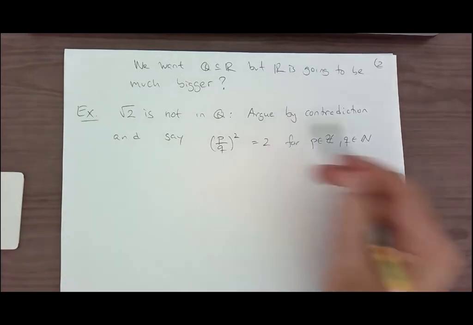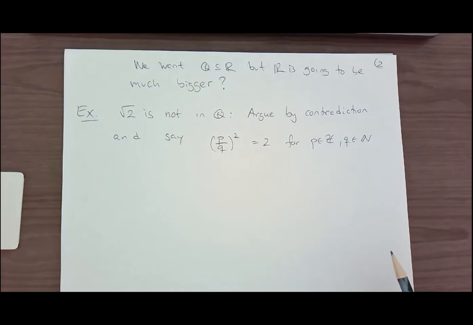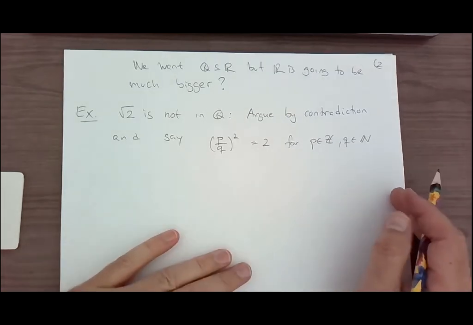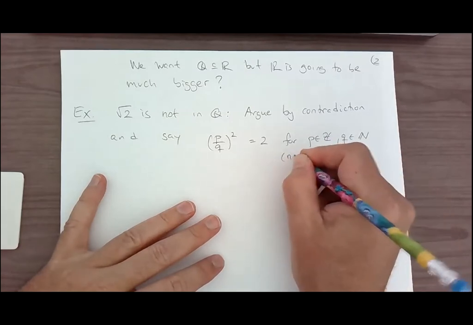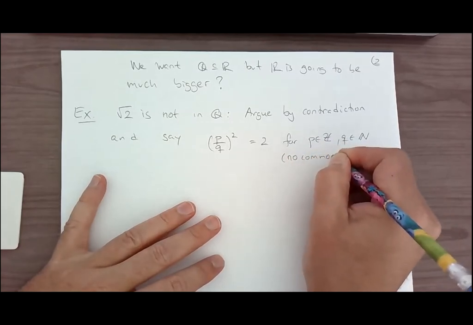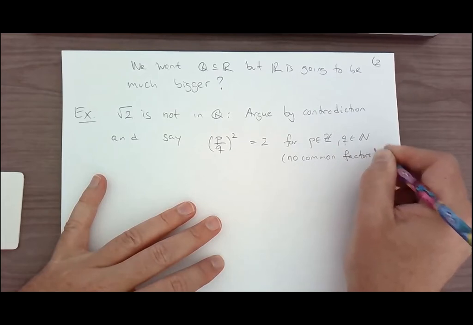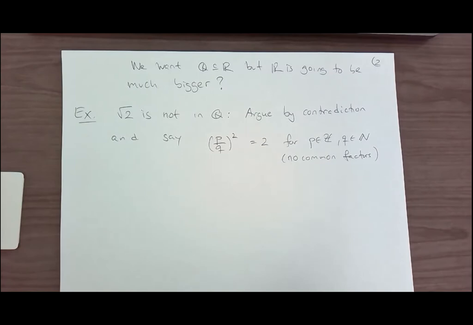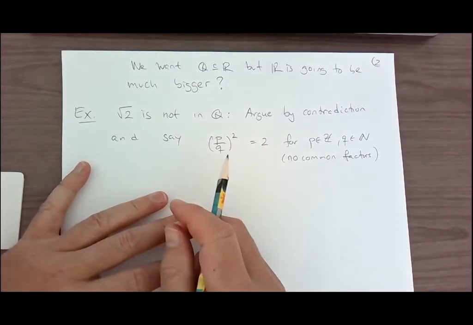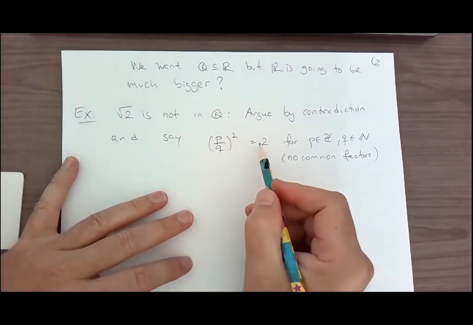So we're going to argue about contradictions. If we're going to find a contradiction, let's try to find it. And again, these are going to have no common factors. Well, we can factor out here.